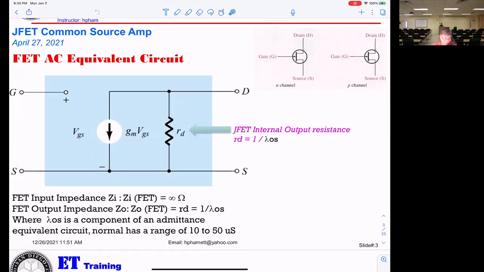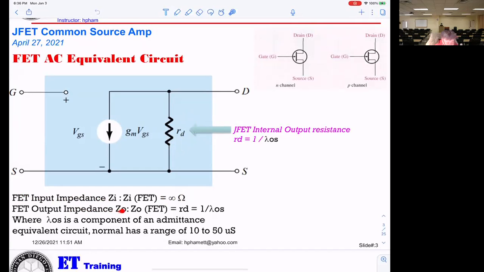Also inside the JFET, you get a resistance rd, and we never use rd. The thing is, rd will be too big compared to the external connection resistance here, so we forget this resistor. Now you can see the JFET input impedance equals infinity ohms, that means very big resistance.